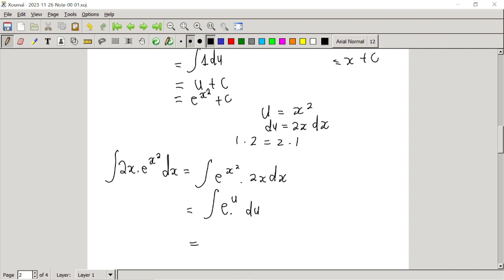But we know that when you integrate an exponential function of this form, it is the same as e to the power of u all divided by ln e, plus c.